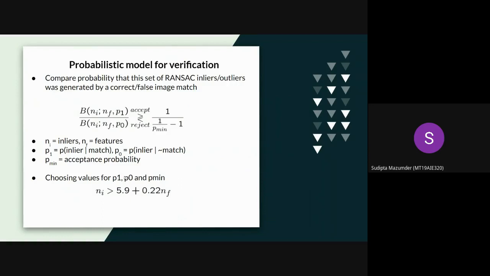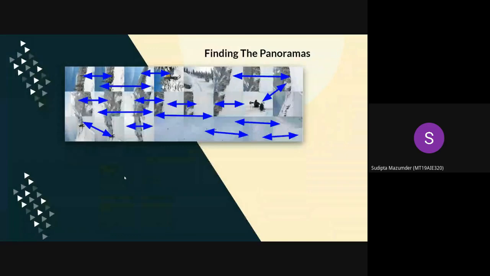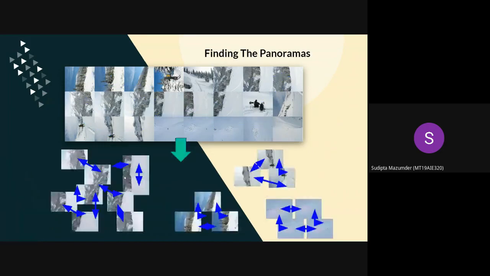If we go to the next slide, we can now see visually how this step takes place. Here we can see that there are multiple images and all the images have some sort of common or overlapping feature between them, which we can see through the blue arrows that we have placed here. If we further break down in the next slide, we can see the individual pairs.